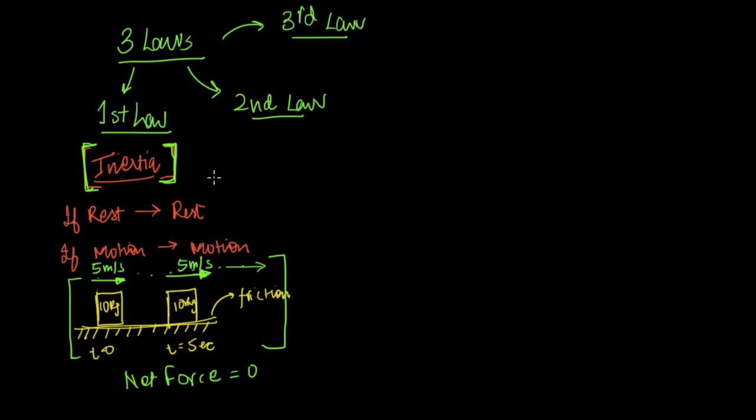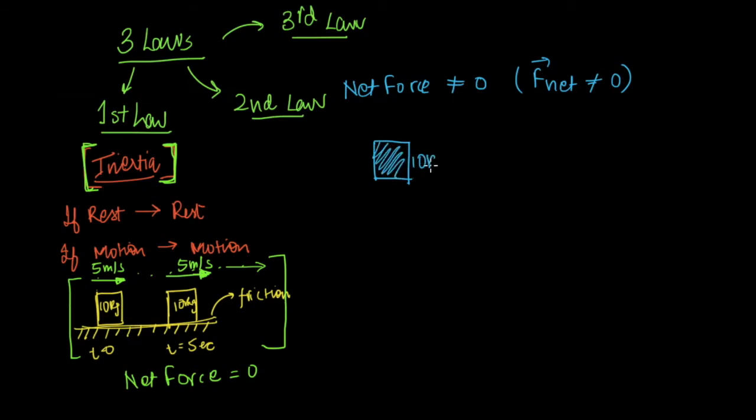The second law basically talks about the situation where net force is not 0. So net force is not 0 means that there is a force now acting on the box. Say this were the same box, 10 kg.